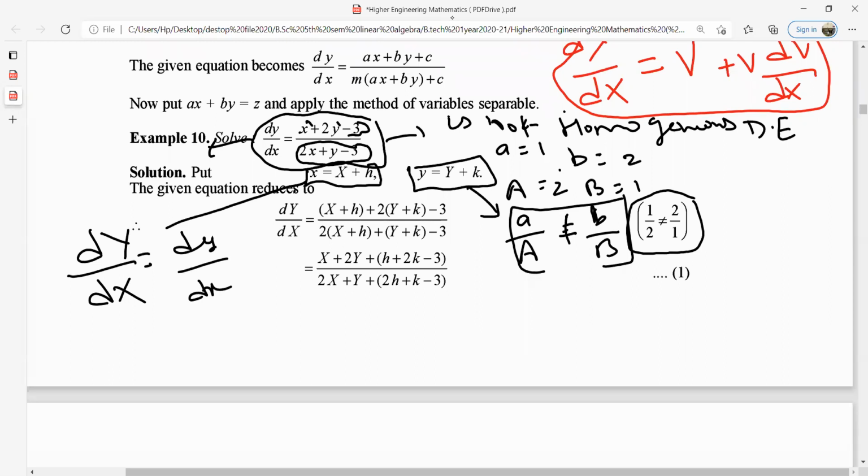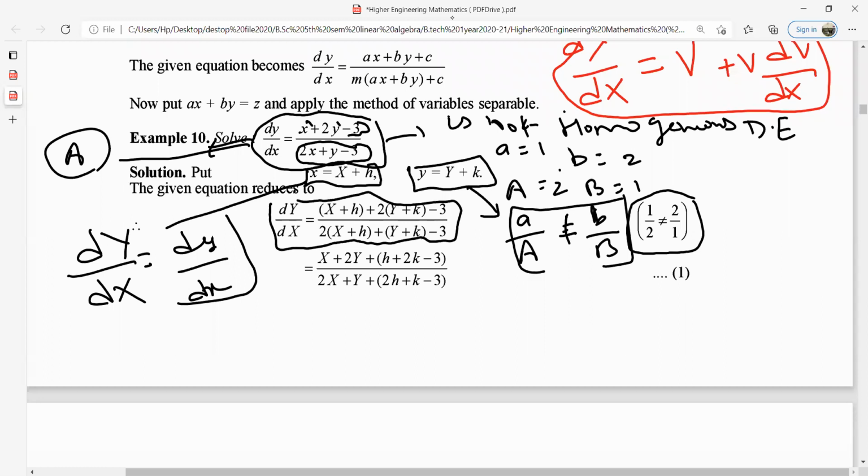After that, putting these value in, suppose this is your given equation like equation A. So putting these all three value in given differential equation A, this equation can be converted in this manner. After that, simplify this differential equation, we get in this manner.